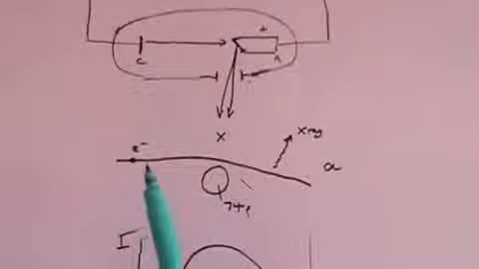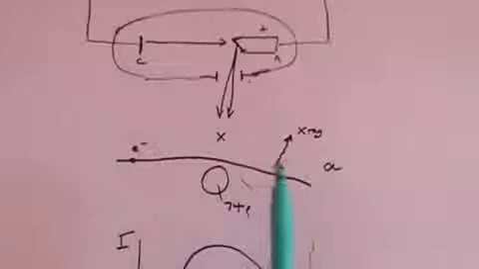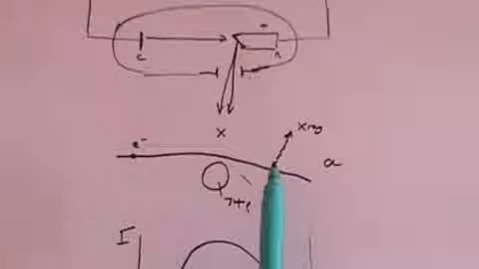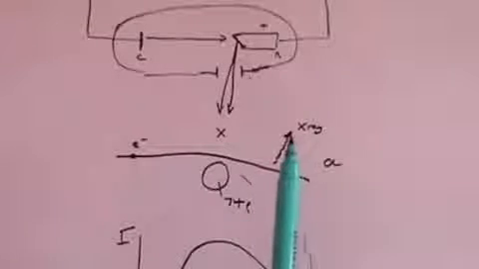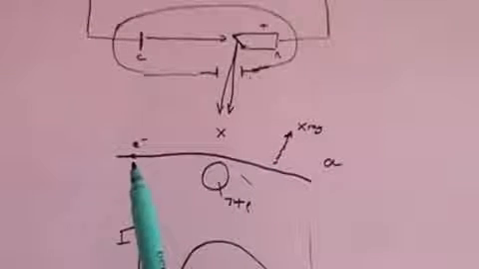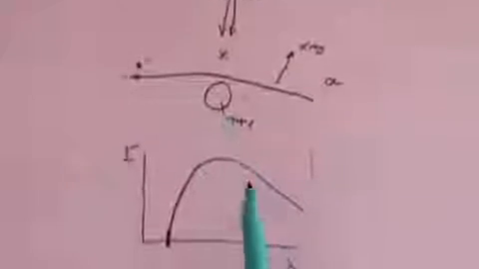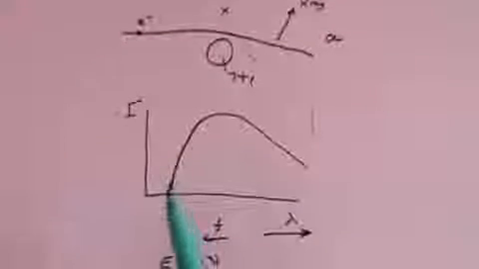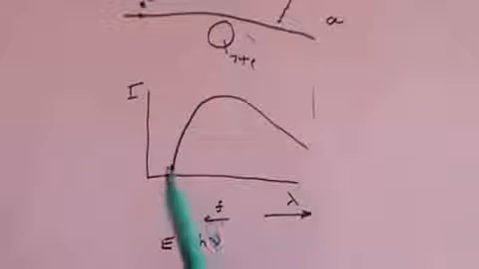The electron can't give up more energy than it already has. So even if the electron gives up all of its energy, the X-ray will have a maximum energy corresponding to the energy of the electron. And that's why there's a cutoff. This represents the point at which there is no more energy for the electron to give up, and therefore the X-ray energy, which is of course h nu, has a maximum at that point.